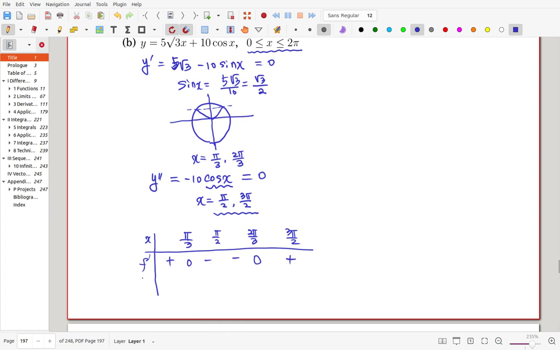You can easily see that. Now for the double prime, 0 happens at pi over 2 and 3 pi over 2. And once you choose pi over 3, this is positive, along with the negative, so that the left hand side is negative. And if you choose, for example, pi, then cosine pi is -1, and this is positive, so that here we have a positive.